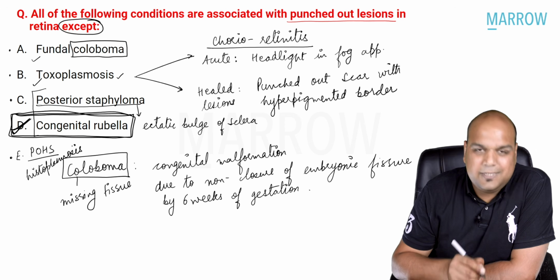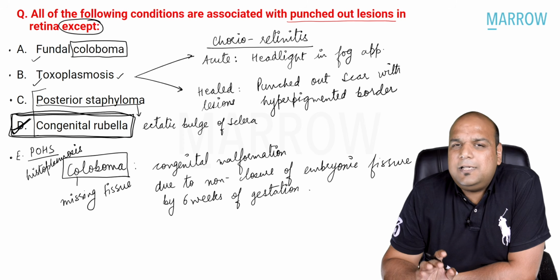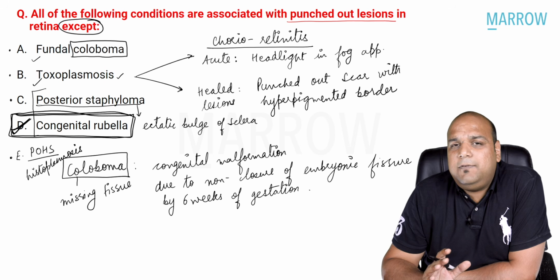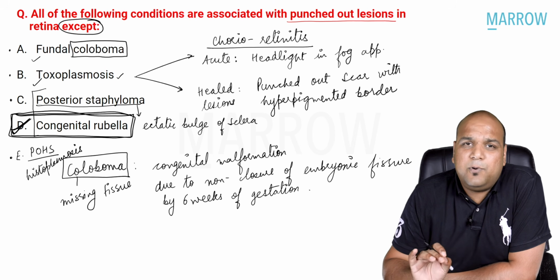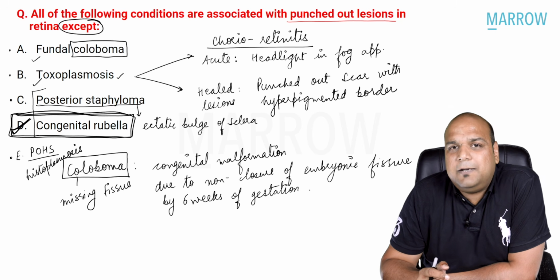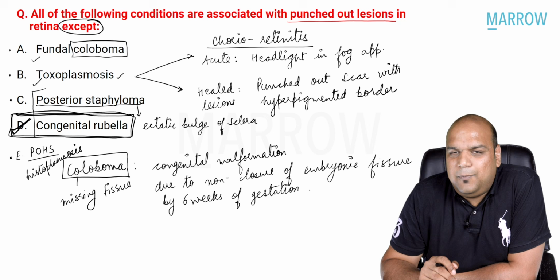POHS also usually presents with a punched out lesion, and that is characteristic of POHS. So these are the 4 causes that we need to learn for punched out lesions. But in these 4 causes, again, I will specify posterior staphyloma is not a very accurate answer. But based on the options that were provided to us in the question, the better answer was congenital rubella syndrome.